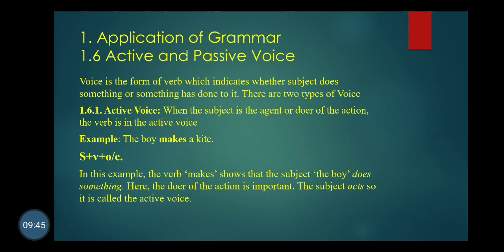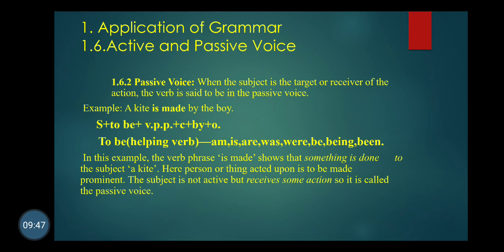In passive voice, subject is passive, action is important. Subject is not important, action is important. At that time we can use the passive voice structure. Here subject is passive, that's why we call it passive voice. Action is important, object is important, object performs the action.